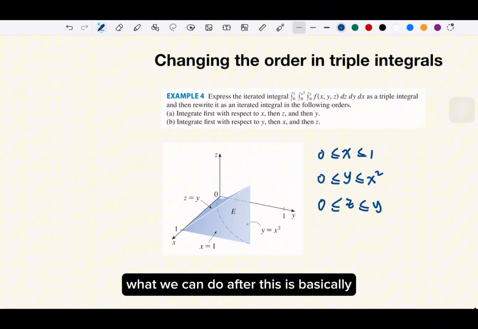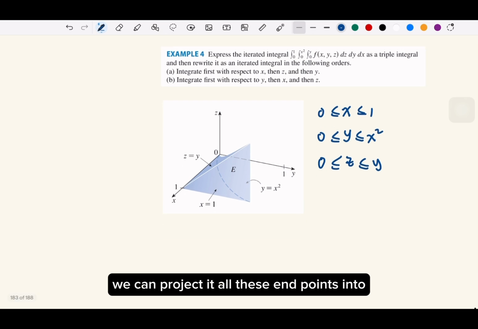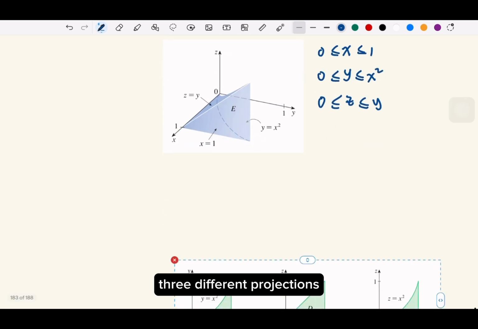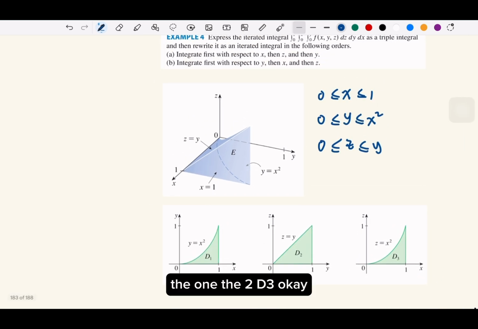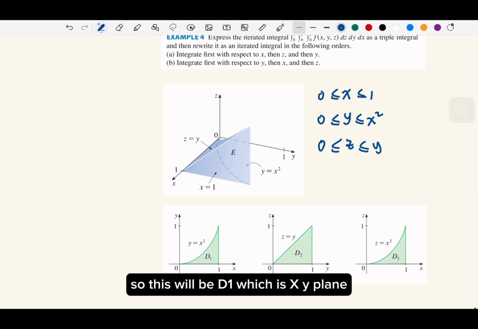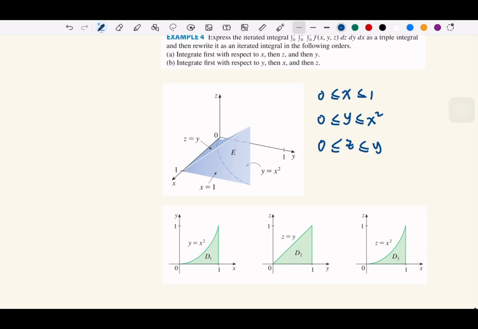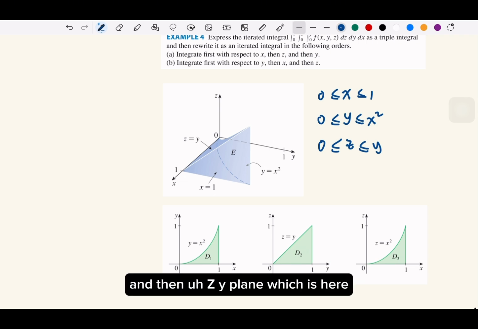And what we can do after this is project all these endpoints into three different projections: D1, D2, D3. So this will be D1, which is the XY plane. And then the ZY plane, which is here, if we look from this side.